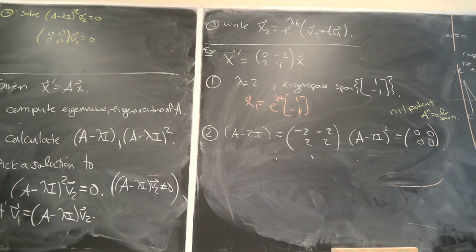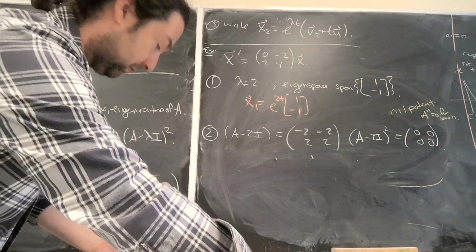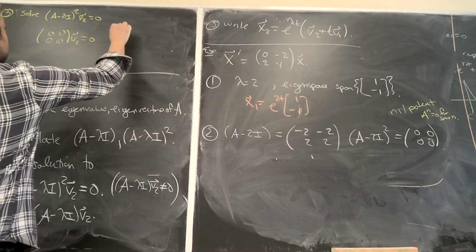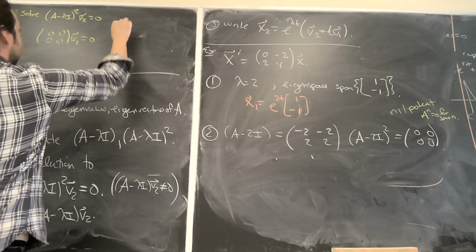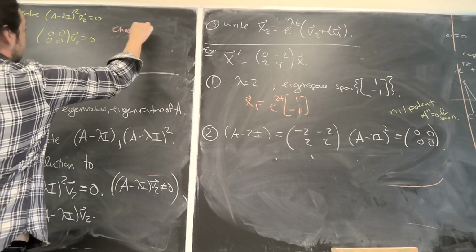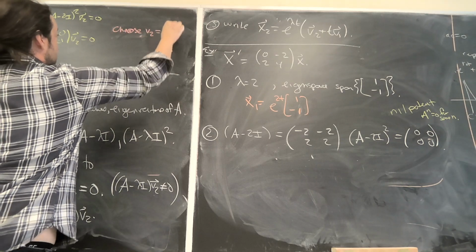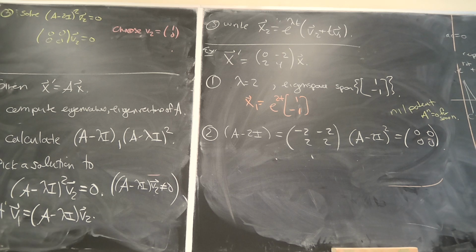So a typical move here, and I'm going to do 2 different examples to show you what happens. One thing you might do is choose v2 equal to (1, 0). I have free choices, as long as I don't pick an eigenvector when I make that choice.